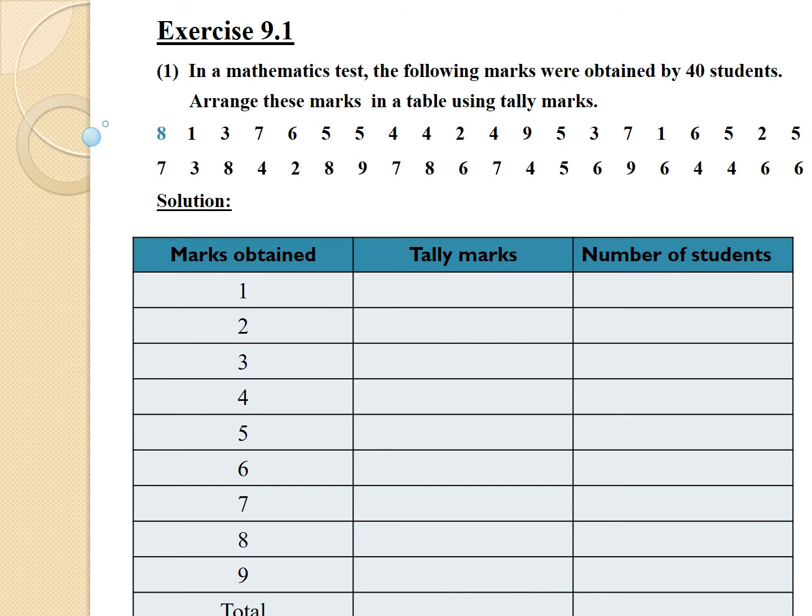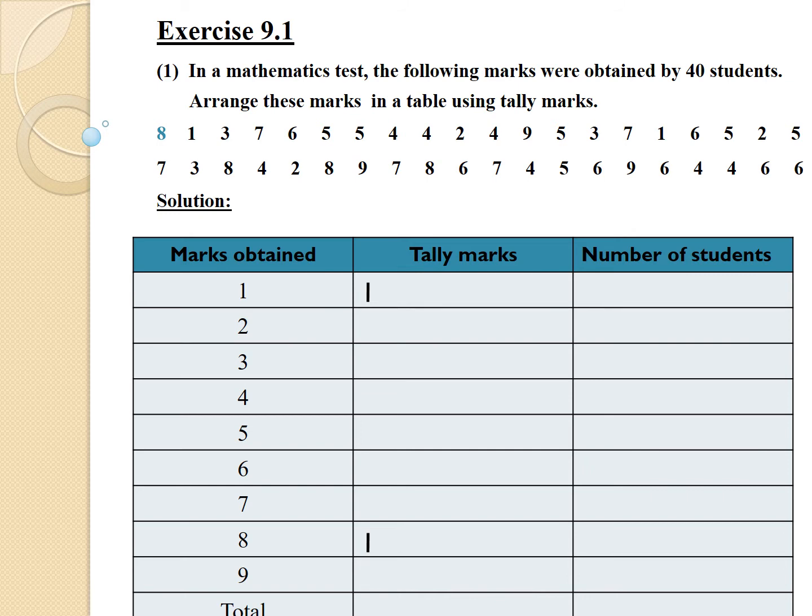Students, look at the data very carefully. It is given to you 8. So in front of 8, in second column, you have to draw a tally mark. Then it is given 1. So in front of 1, in second column, you have to draw a tally mark. Then is given 3.